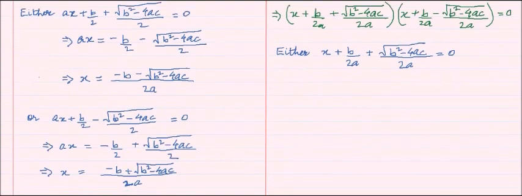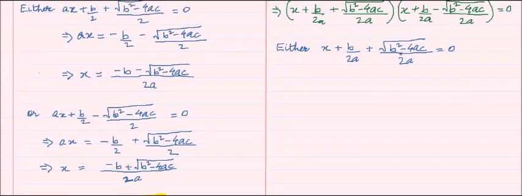So what will be the value of x if this is equal to 0? This implies we keep x to the left hand side of the equal to sign and we take the other two terms to the right hand side. We have minus b by 2a and this is minus under root b square minus 4ac by 2a.